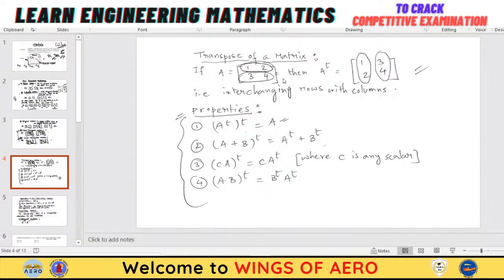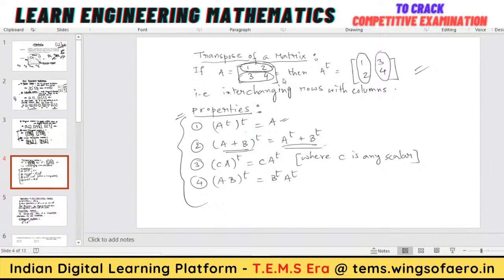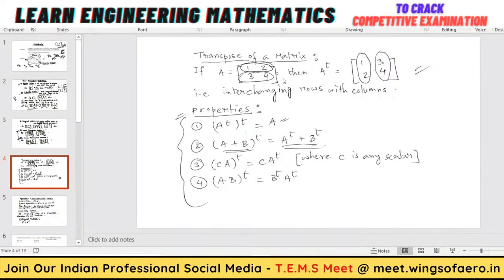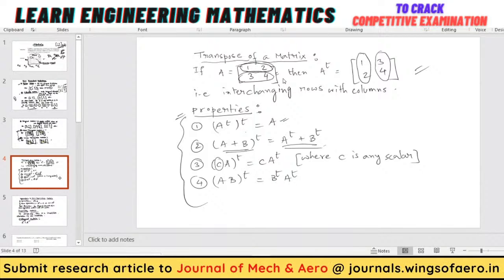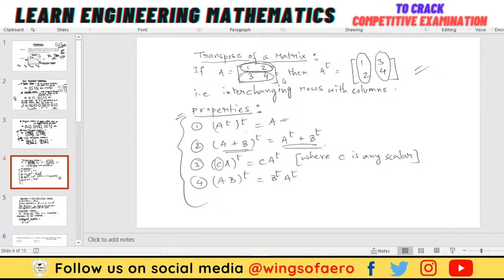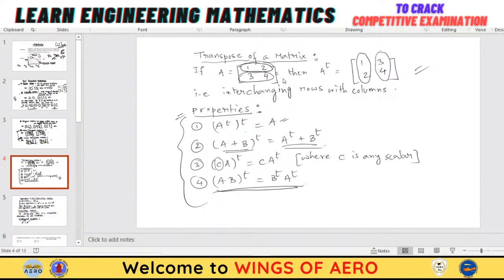If two matrices are added, the transpose will be A transpose plus B transpose. And C into A transpose, where C is a scalar. Scalar means just a single number, nothing else. Just 1, 2, 3, 4, or any other number like this. This property is very important. AB whole transpose equal to B transpose A transpose.